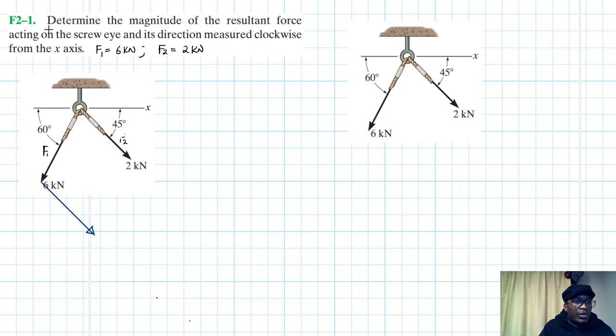This is our F2. Then I'll have another vector parallel to F1, something like that. Great.